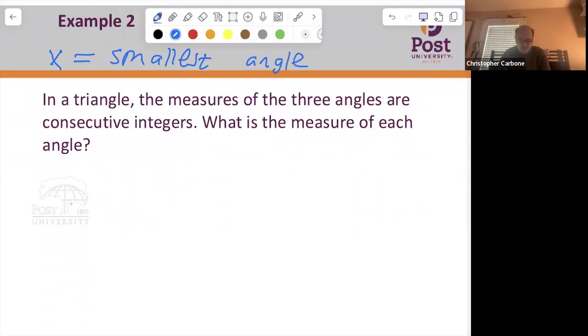Since these are consecutive integers, that's one after the other, like 1, 2, 3, for example. So if x is the smallest angle, the next one will be x plus 1. The next one after that, in terms of the original x, would be x plus 2. And in a triangle, these need to add to be 180.